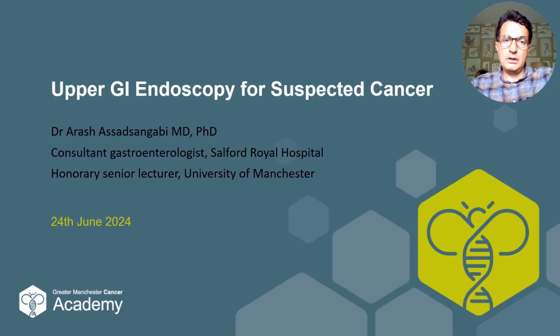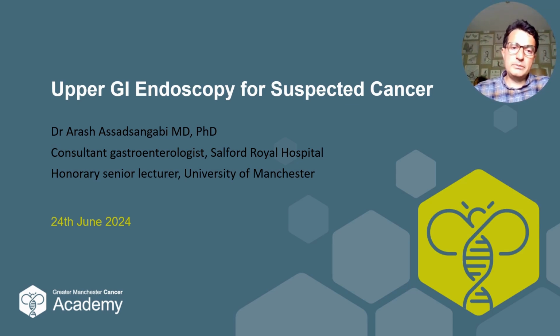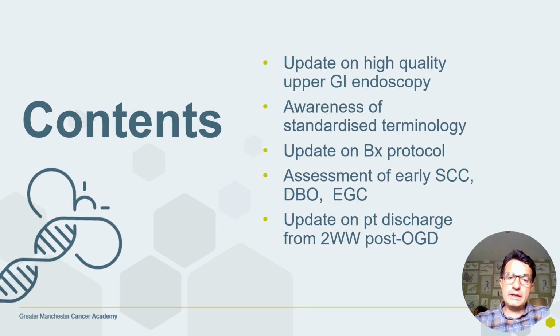Hello everyone. I've been tasked to talk about upper GI endoscopy for suspected cancer. Today, I'm going to give you an update on high quality upper GI endoscopy, standardized terminology, and biopsy protocol.